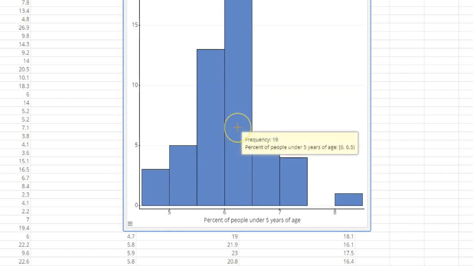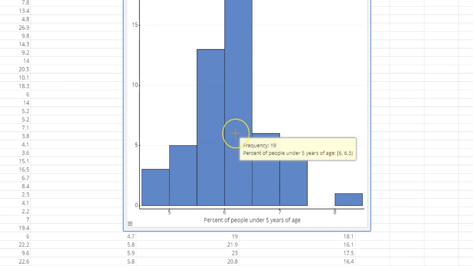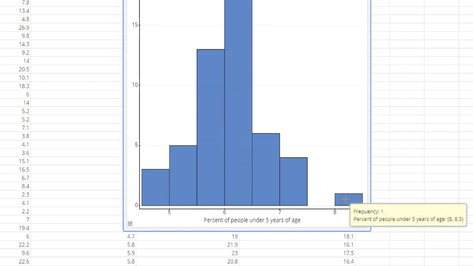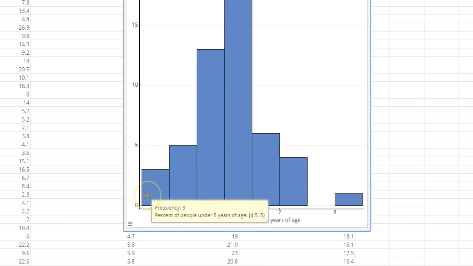We could inspect, but we don't even need to with a symmetric distribution. The range, I can see here, is from 0 to 8.5. So my range is 8.5, which would give me an estimated standard deviation of 2.125. So roughly 2.13% is my estimate for standard deviation.